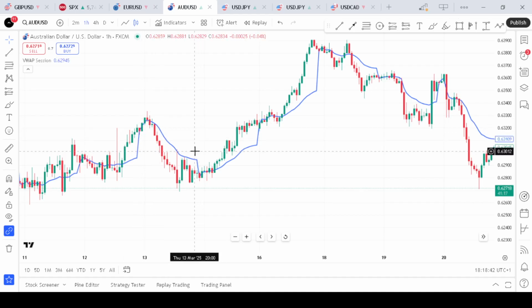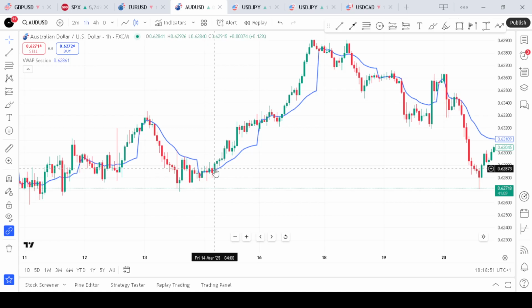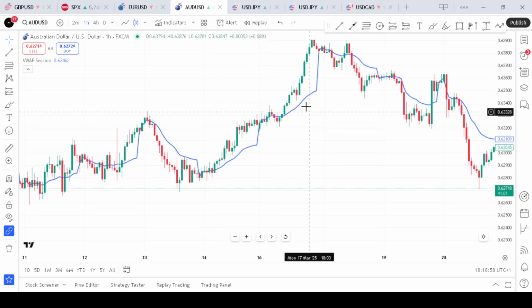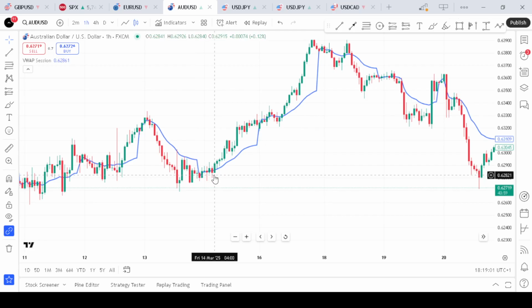Once you have the VWAP indicator in place, you would want to watch for price crossover. Now, a bullish signal happens when price crosses above the VWAP line. As you can see, price is trading above the VWAP line at this area. This means a bullish crossover.